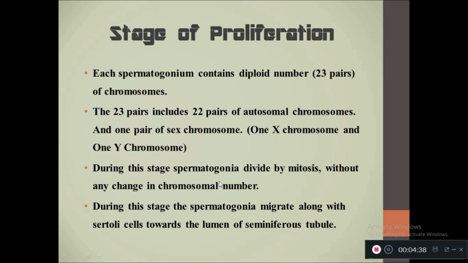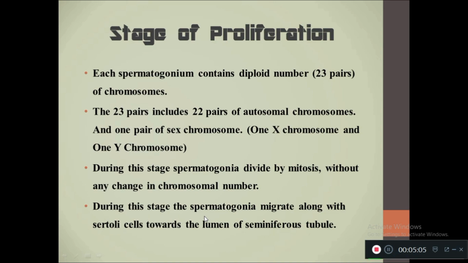In the stage of proliferation, the spermatogonium cells divide by mitosis, but there is no change in the chromosomal number. The 23 pairs remain intact.